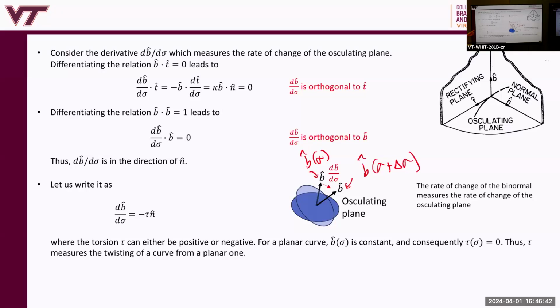So if there is a change in the binormal, then that means the curve is twisting out of the osculating plane, and therefore the torsion tau measures the amount of twisting from a planar curve. Any questions? Okay, good.